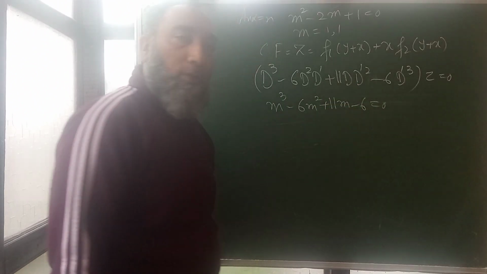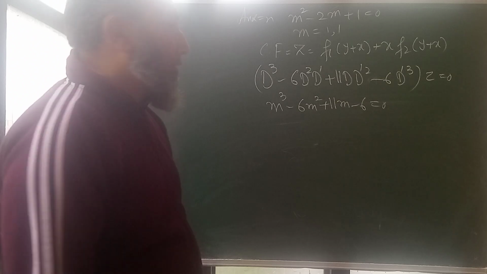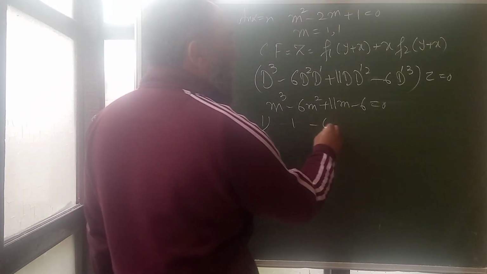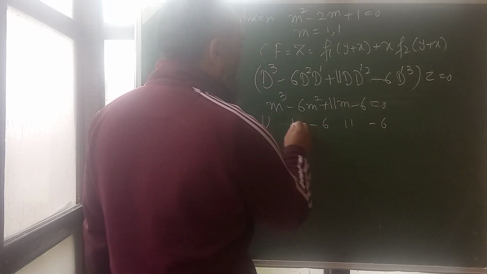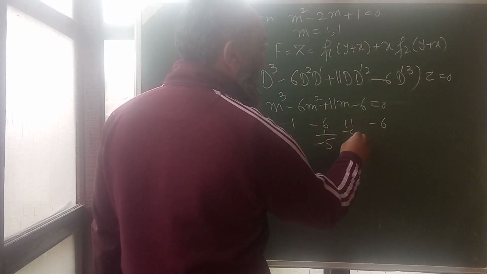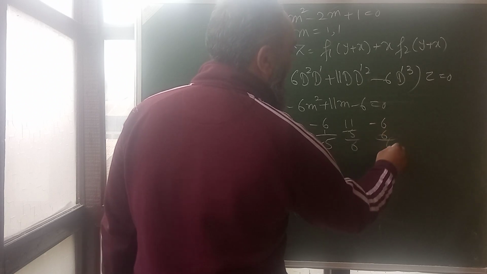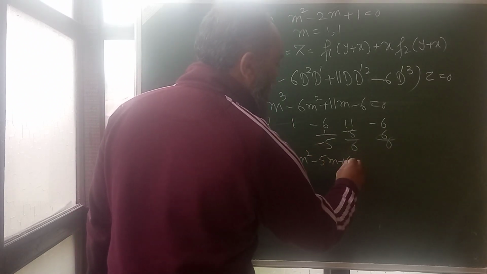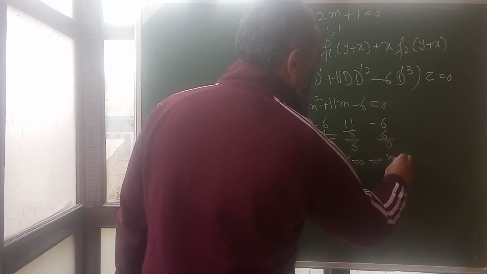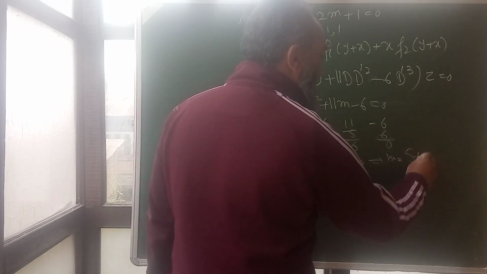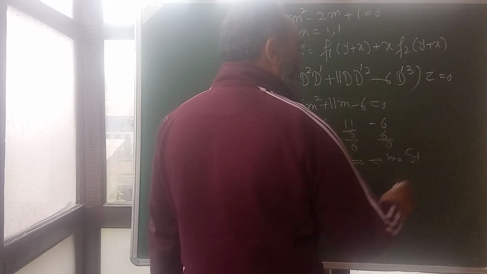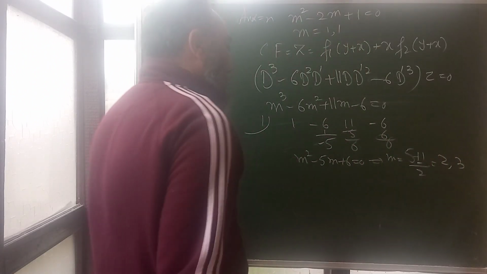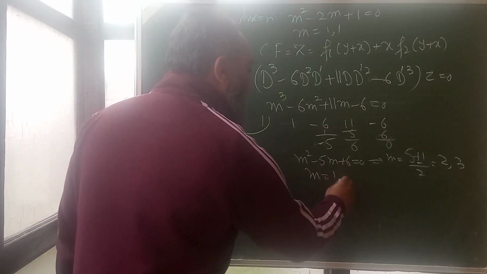This we have done in your first semester. Roots are 1, 2 and 3. You see, m equal to 1 satisfies this equation. You can use synthetic division. 1, minus 5, 6 and 6. The quotient equation is m square minus 5m plus 6 equal to 0, which gives m equal to minus b plus minus square root of 25 minus 24, over 2, so it is 2 and 3. So roots are m equal to 1, 2 and 3.